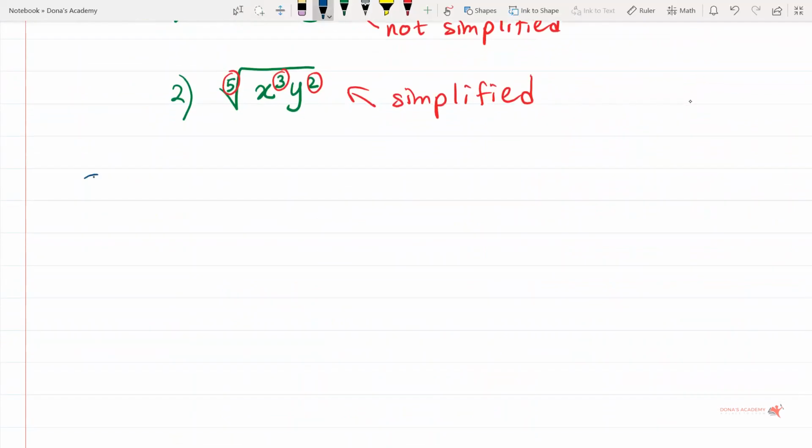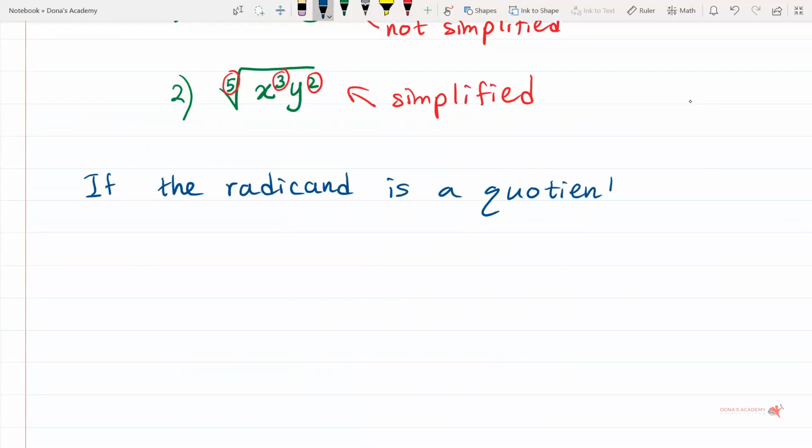If the radicand is a quotient, there is one more condition for simplification.